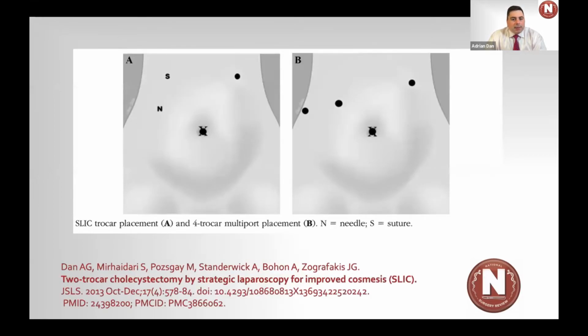So classically, a 4 trocar multi-port placement, you can see that in figure A there. This is from the same article, and rather figure B. And for the SLIC cholecystectomy, we utilize sutures and needlescopic suture passers in the other two trocars on the patient's far right.